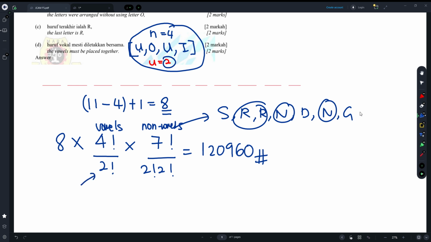And among the 7 consonants or non-vowels, R and R are repeating, N and N are repeating. So that's why I put 2 factorial and 2 factorial at the bottom. Please make sure you don't miss this during your actual working. And don't forget this 8 is because they can exist together in 8 different locations among the 11 positions. And that's how the working goes.